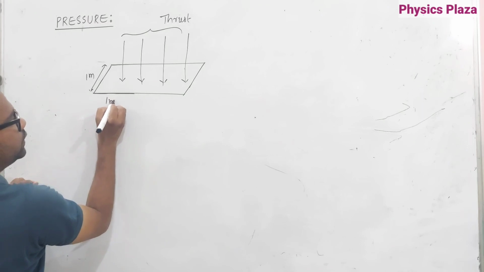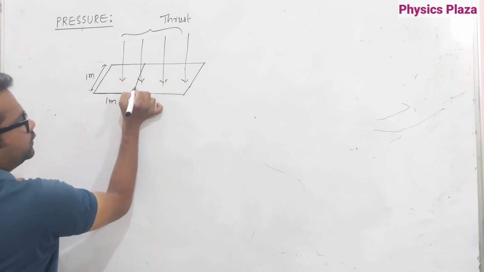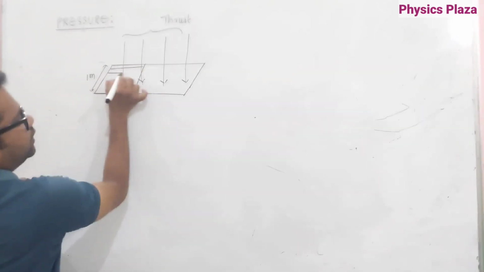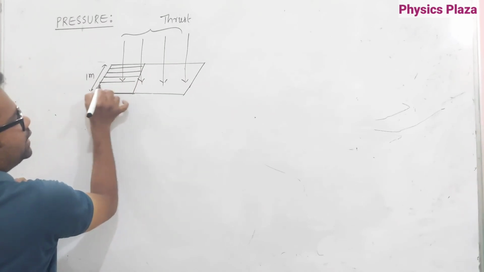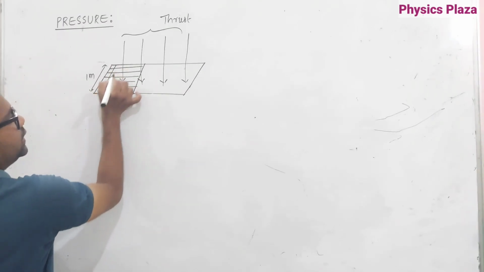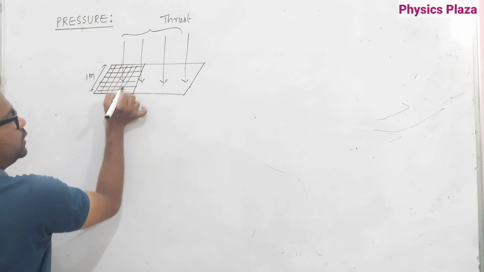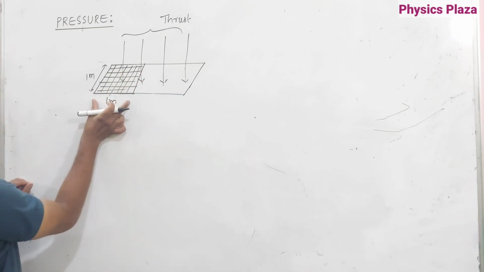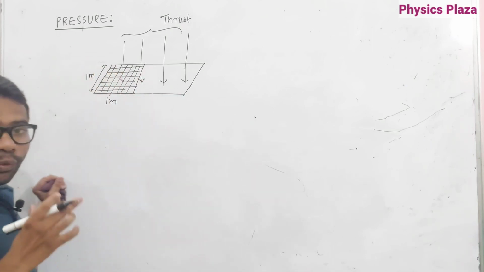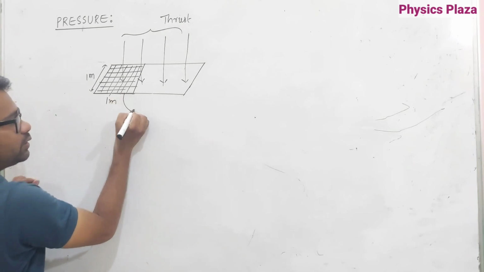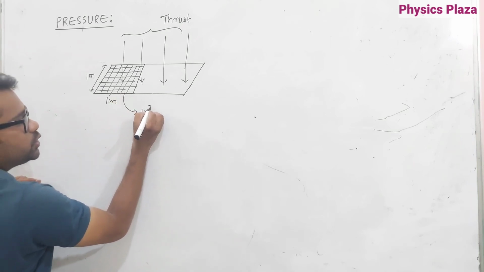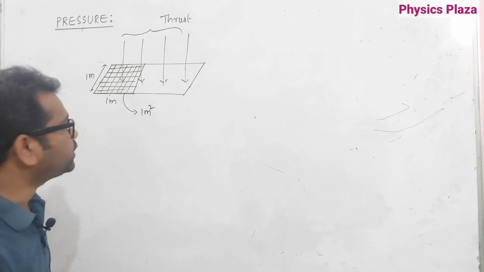On this surface, how much thrust is acting, that I want to calculate. Here 1 meter length, 1 meter width. So what is the area of this surface, children? 1 meter square.